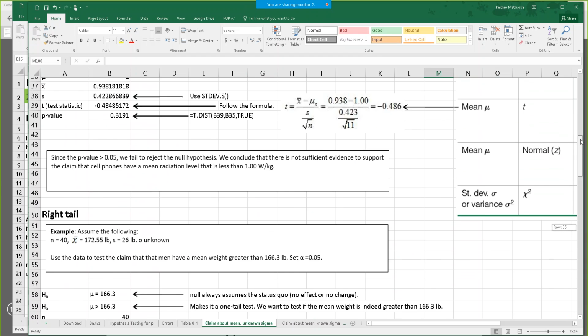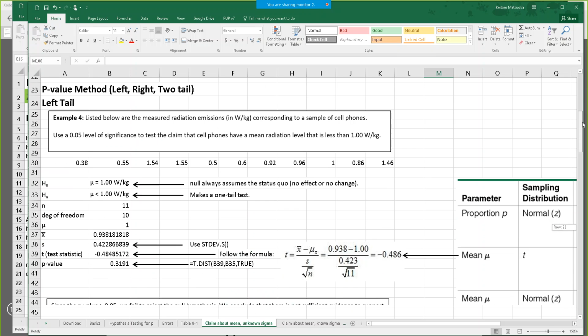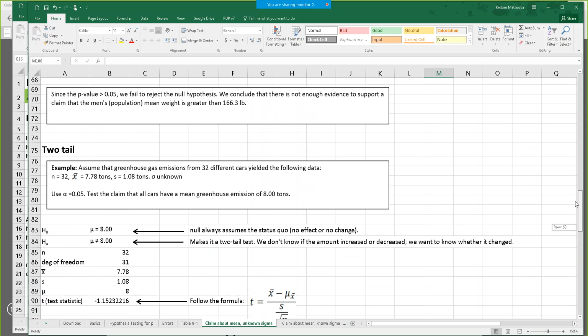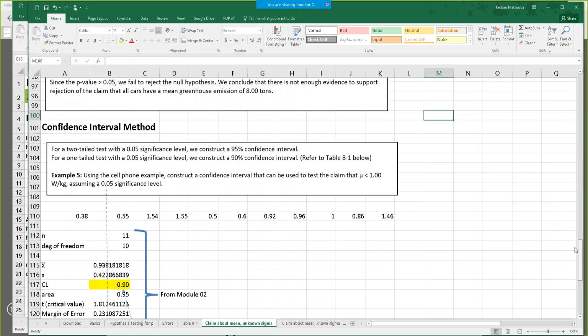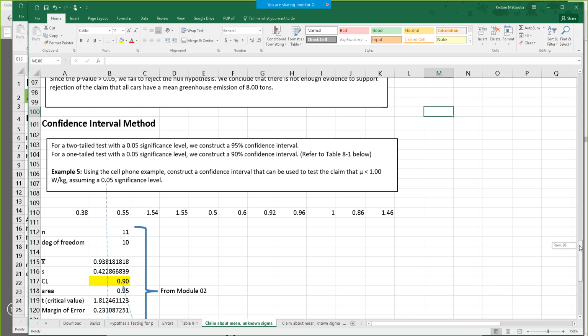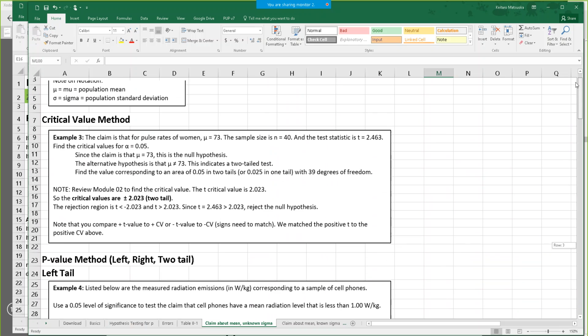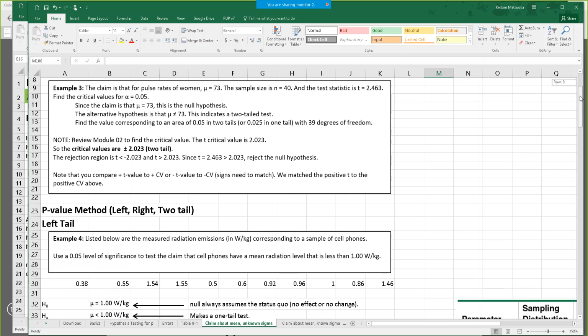All right. So we learned about the critical value method, the p-value method, and the last method we're going to look at is called the confidence interval method. Before I get into that, I just want to let you know that unless the problem specifically says to use a certain method, so if the problem says to use critical value method, obviously you've got to use that. If the problem says to use p-value method, you've got to use that.